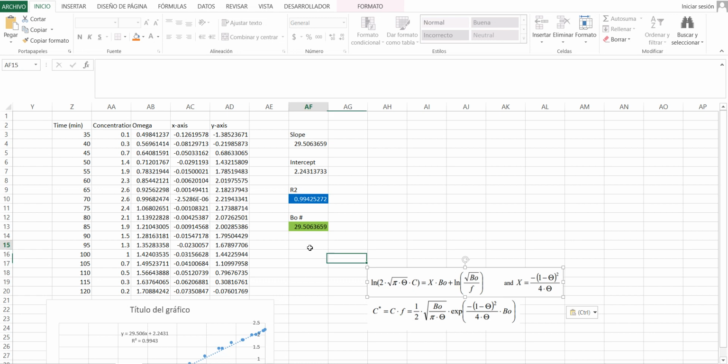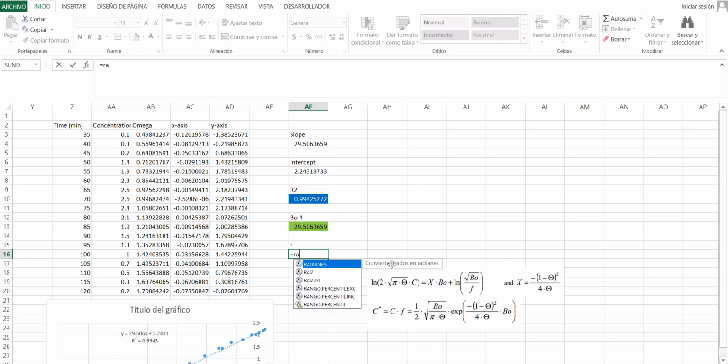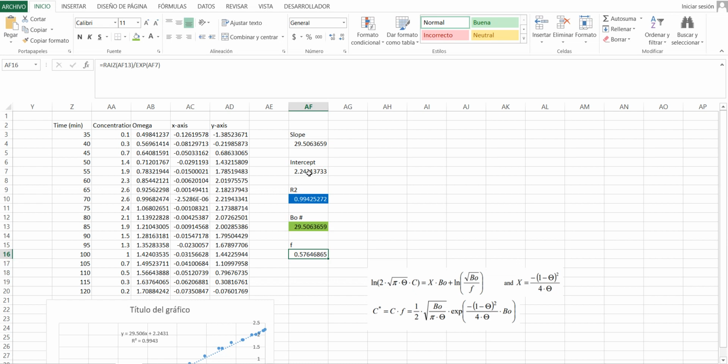I already did this, you can check this at home, but solving intercept equal natural logarithm of this expression, f would be the square root of the Bodenstein number divided by the exponential function of the intercept. Okay, that would be our f factor.